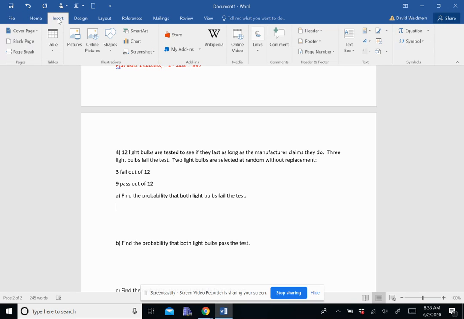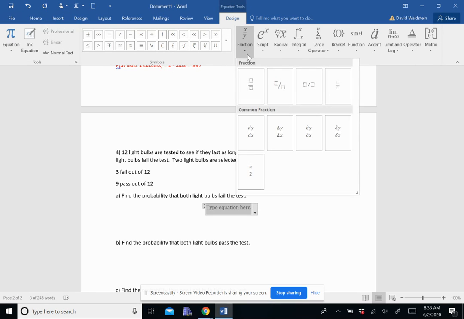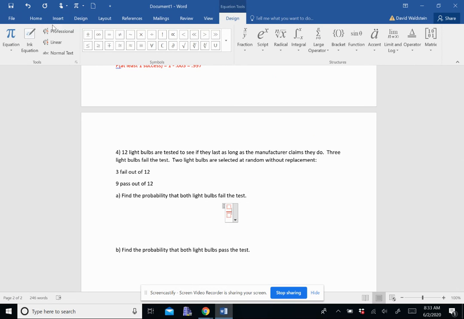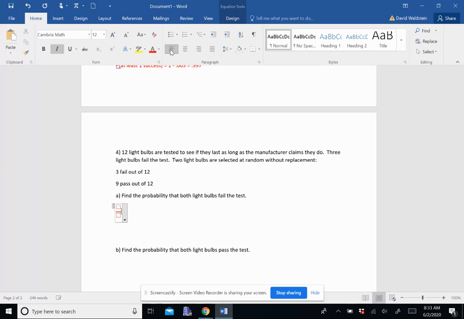All right, so now this one's kind of a little bit more interesting. So the probability that both fail. So the first one fails.